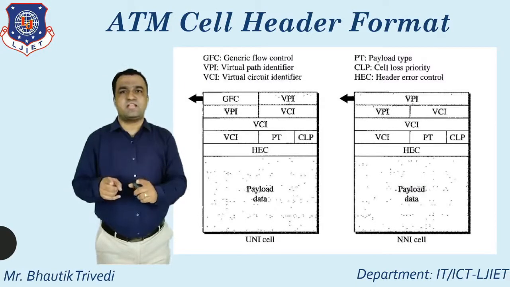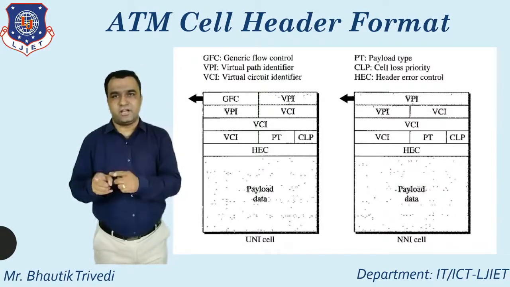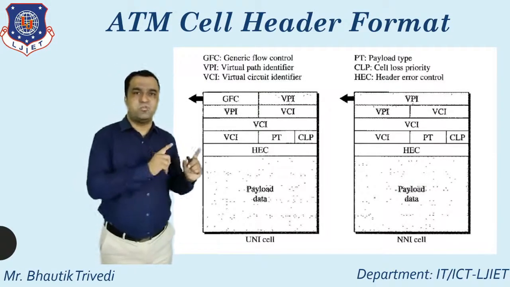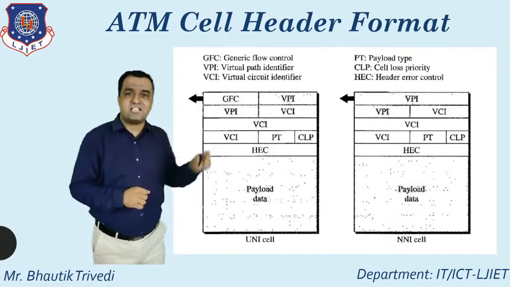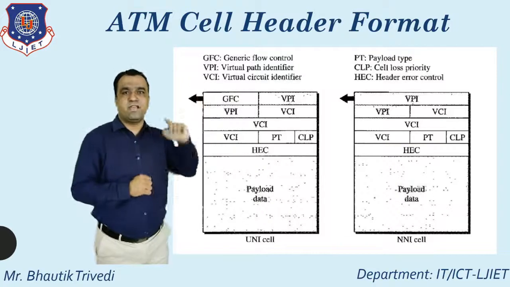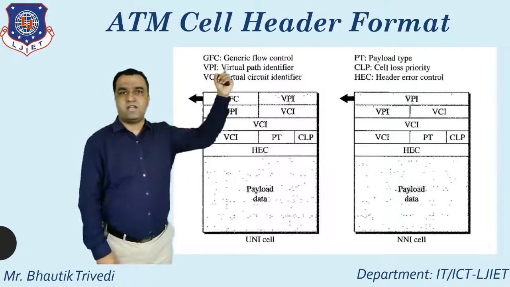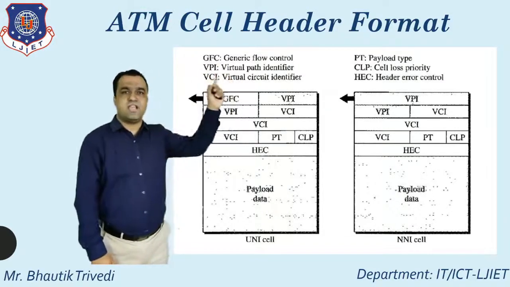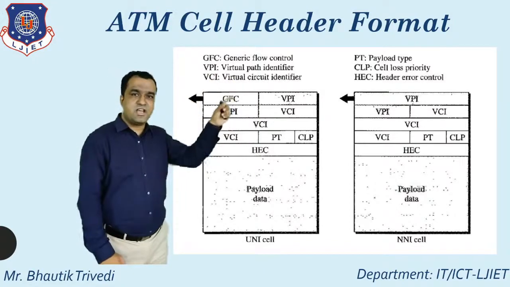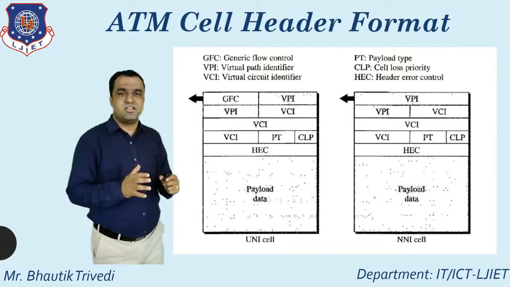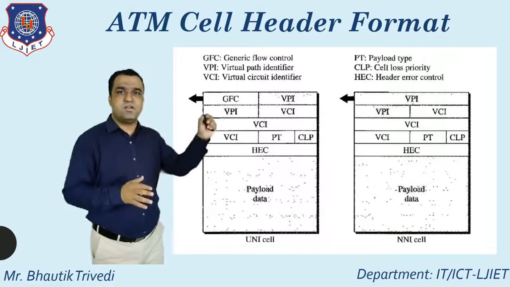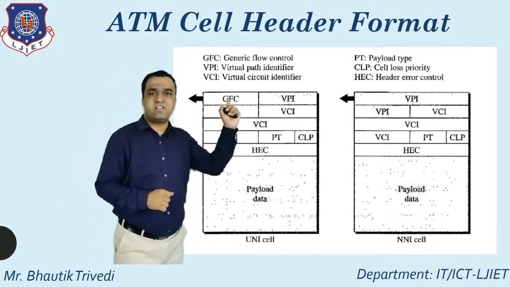Out of the 53 bytes, 5 bytes belong to the header and 48 bytes belong to the payload. This diagram shows the arrangement of the 5 bytes, that is, the format. In the ATM cell header format, I can set the 5 bytes using the different components. So let's start with the first one.